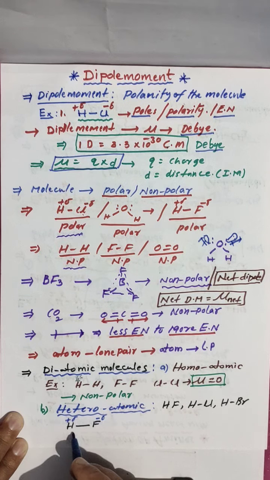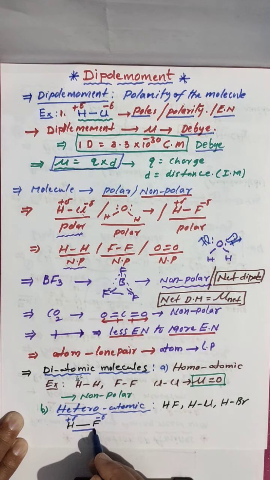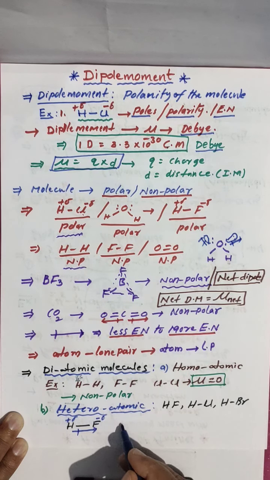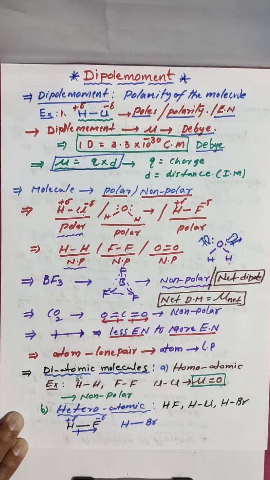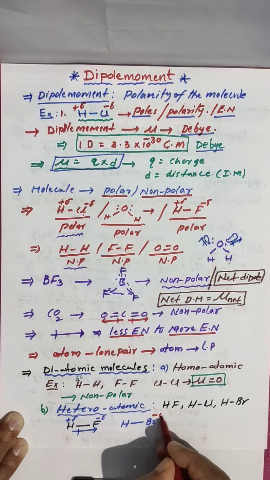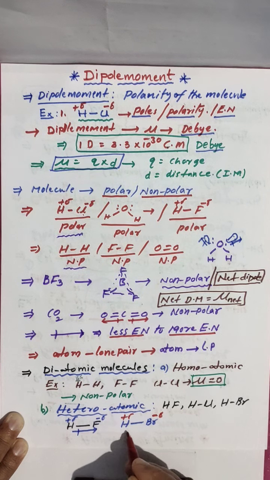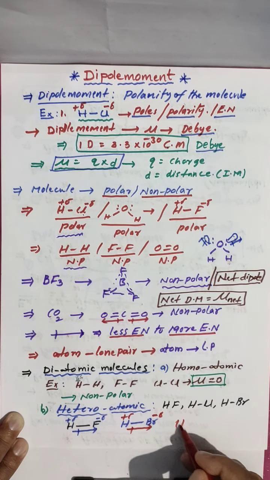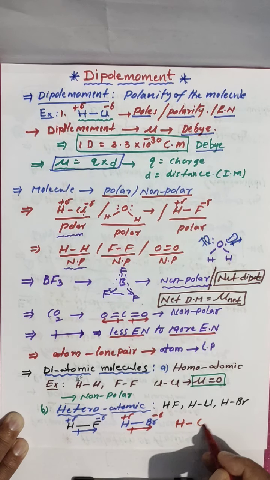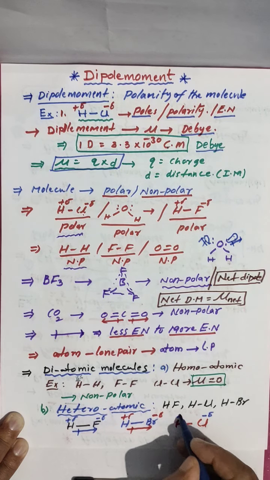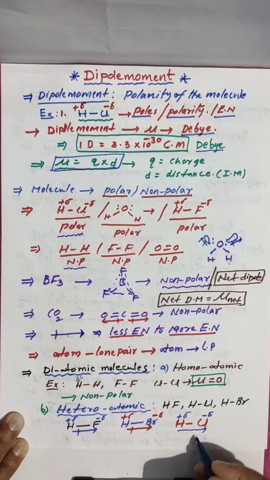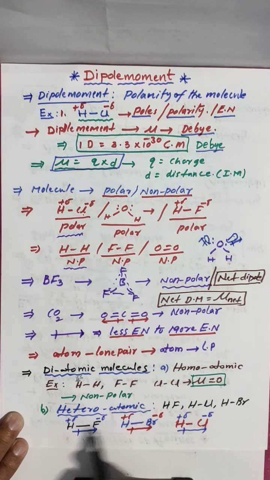You have to show the symbol from less electronegative to more electronegative. Similarly for HBr, this is minus and this is plus, and you show the symbol from less electronegative to more electronegative. Go for HCl, this is more electronegative and this is less electronegative, and the symbol goes towards the more electronegative atom. So here polarity is there.